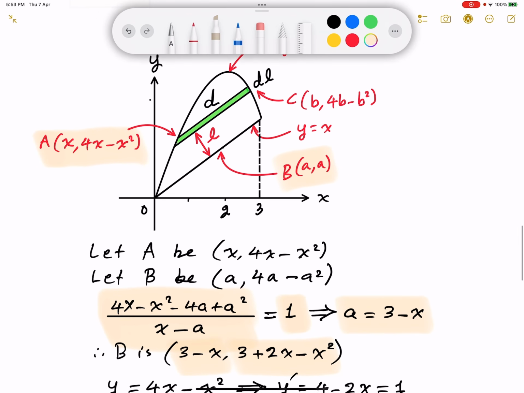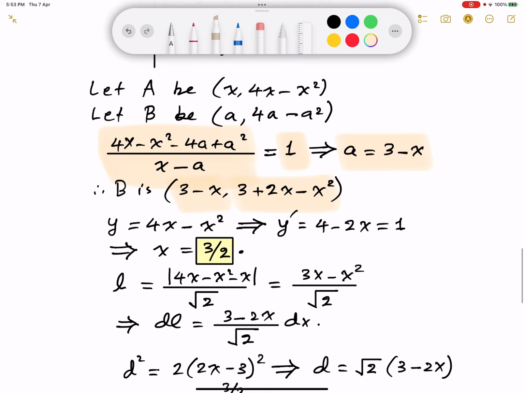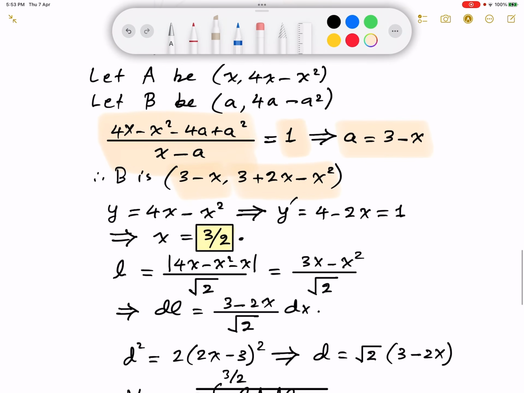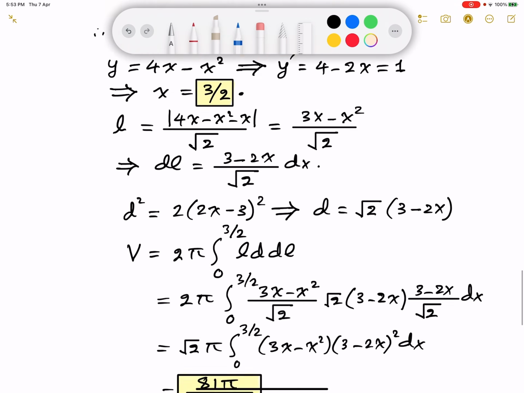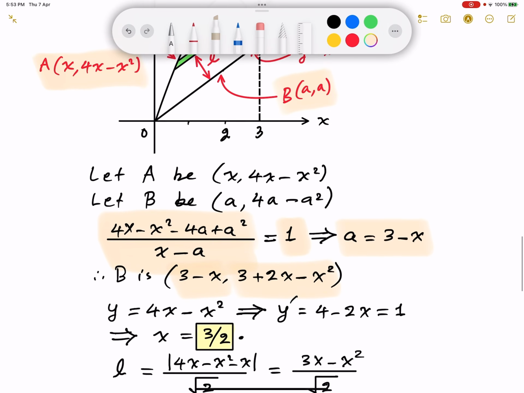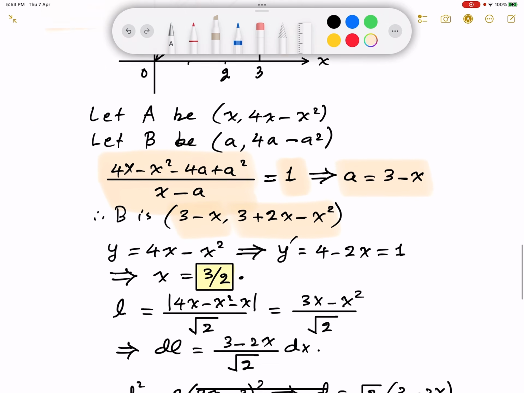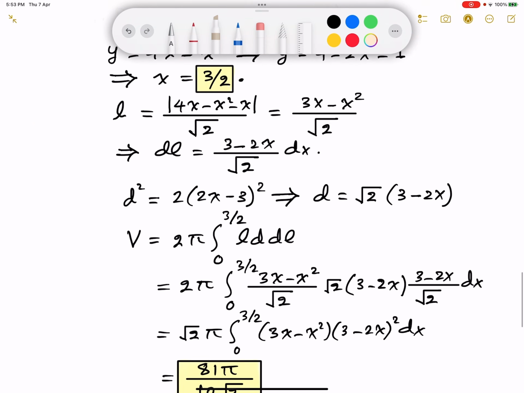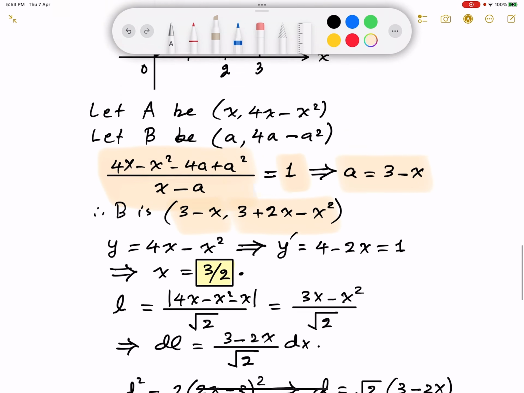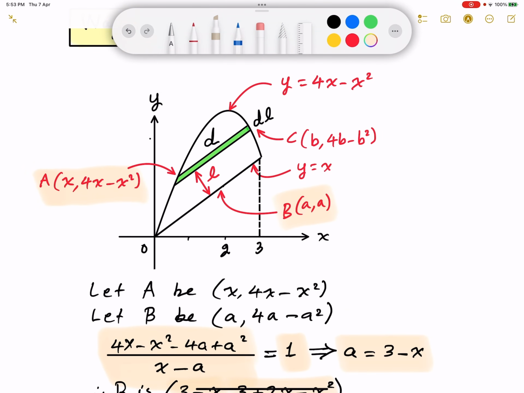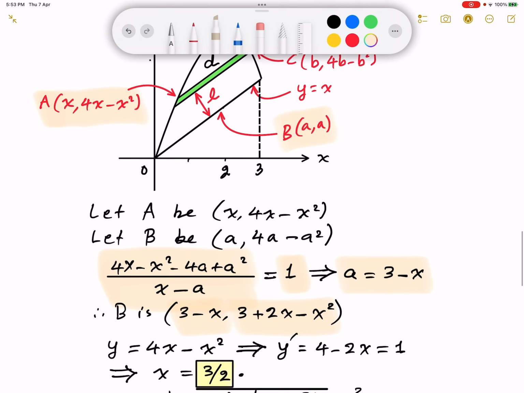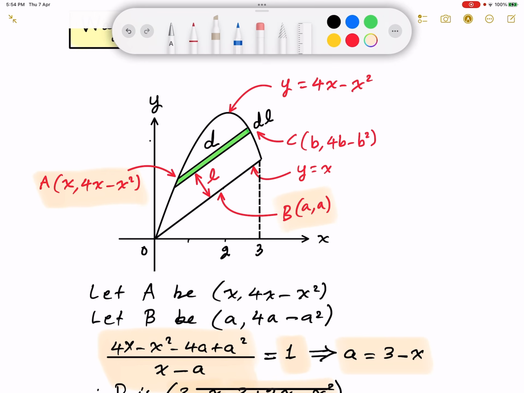To calculate for b, again, we need to find the slope between the points A and C and equate that with 1 as well. Actually, point C is not here. So if we calculate for point C, basically we can calculate for the point b by calculating the slope between the point A and point C and equating that with 1.